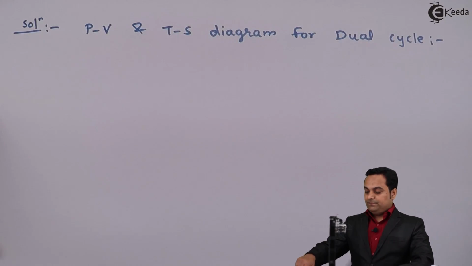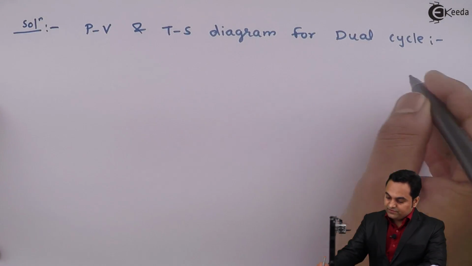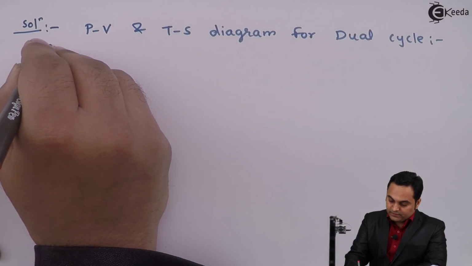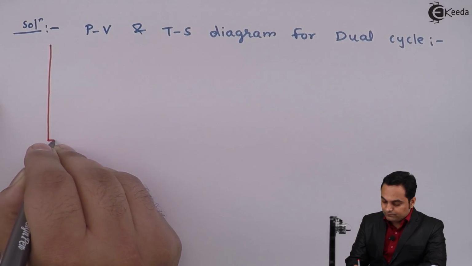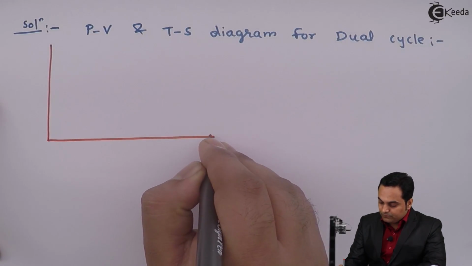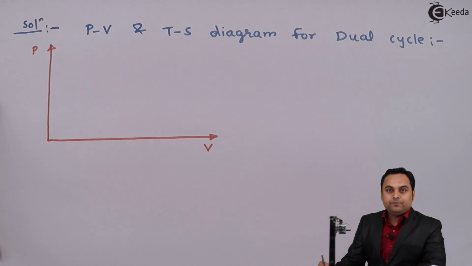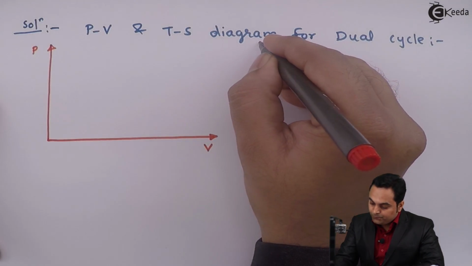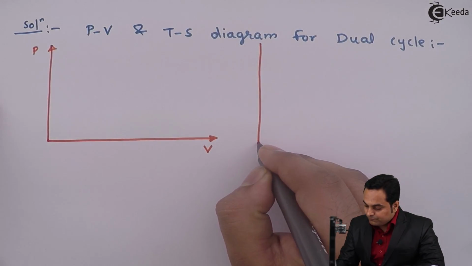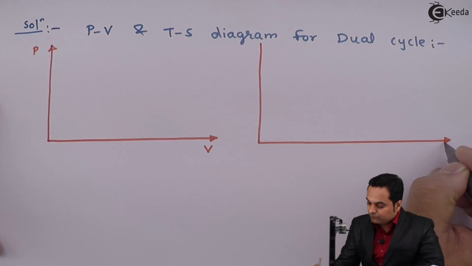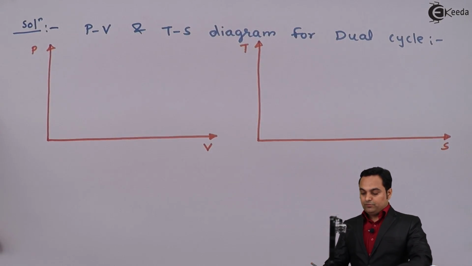For dual cycle. Now the PV and TS diagram will be drawn in such a way that it is a graph. PV is pressure volume, TS is temperature entropy.